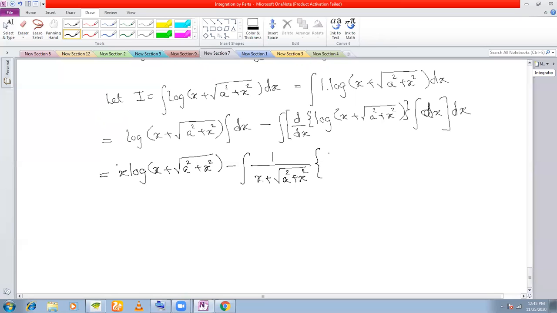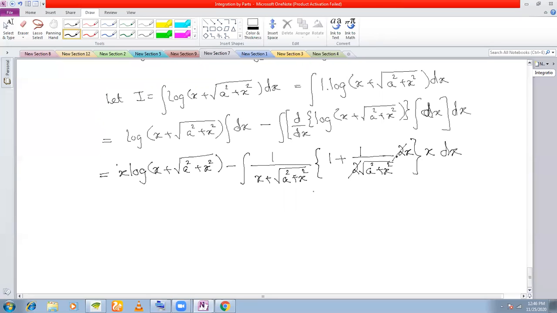So d/dx of (x plus root of a square plus x square) is 1 plus, if you differentiate the root, you will get 1 by 2 root under a square plus x square, and then you differentiate what is within the root, into 2x. If you can pull off this differentiation, then it becomes a very easy sum, and whole thing dx.